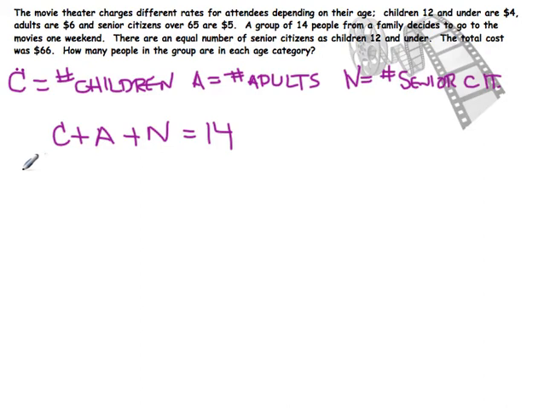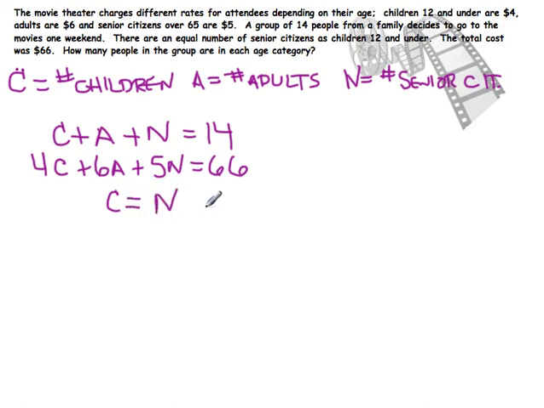Well, I know that children are $4, so you'd take $4 times the number of children, plus adults are $6, so I'd take $6 times the number of adults, plus senior citizens cost $5, so it'd be $5 times the number of senior citizens, and that's going to give me my $66. And then the last thing is it says there's an equal number of senior citizens as children. So that means that C has to equal N.